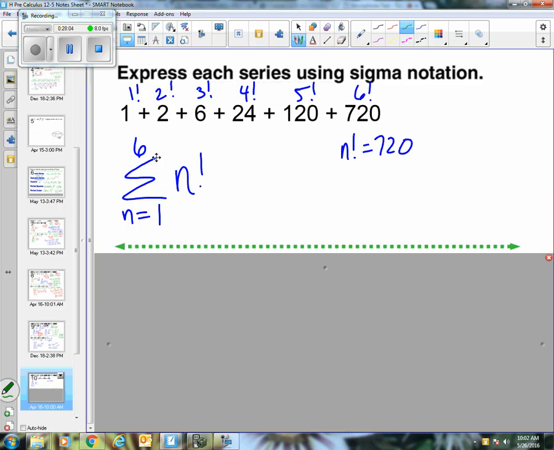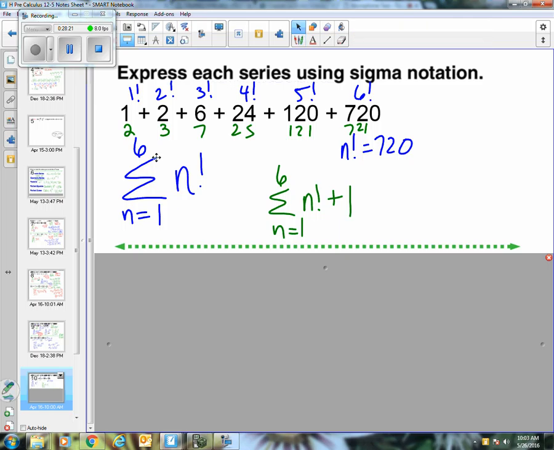But what if I had made the sequence this? 2, 3, 7, 25, 121, 721. Anybody know what that rule would be then? Something like that, right? So you can make those adjustments just like we did with the quadratic ones. So just trying to get you more comfortable with what those look like.